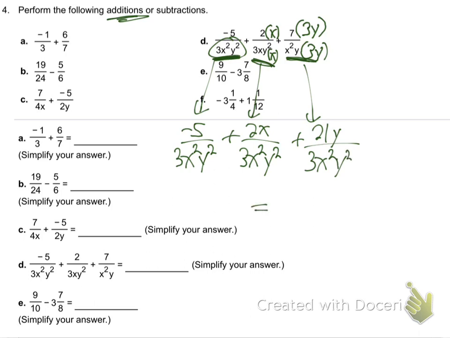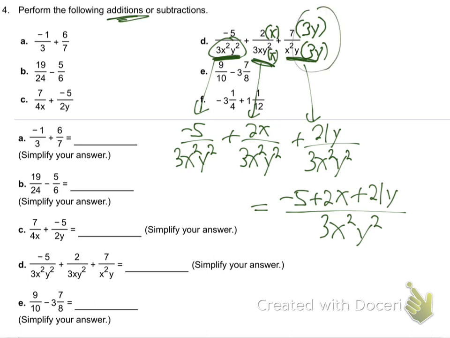So then just put them all into one fraction: minus 5 plus 2x plus 21y all over 3x squared y squared. So once they all have the same denominator, you multiply top and bottom to make all the denominators become the same, and then you just make it into one big fraction at that point. Let's go on to E.